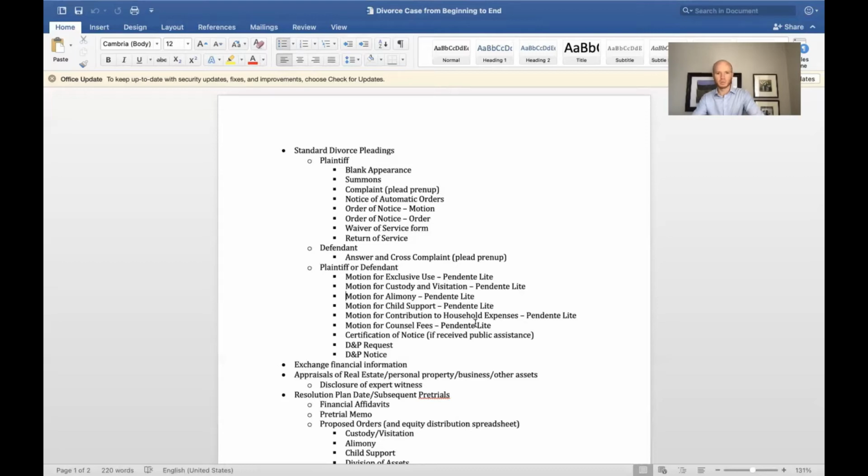In that situation, we're going to want to file a motion for counsel fees that basically says, okay, the husband has a bank account with a ton of money in it that our client doesn't have access to pay for an attorney. So we would file a motion for counsel fees asking for a court order that the other spouse pay a retainer to cover our fees, so that the party who doesn't have access to funds can have representation.